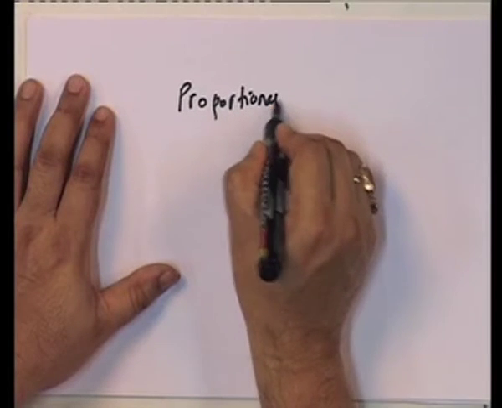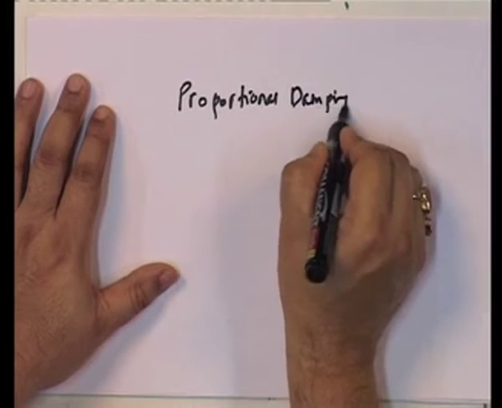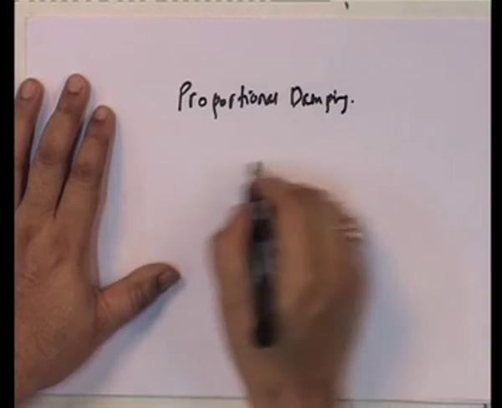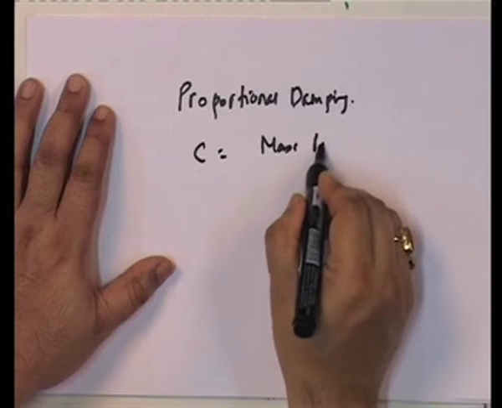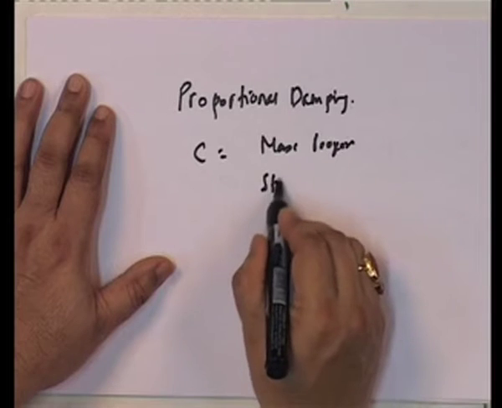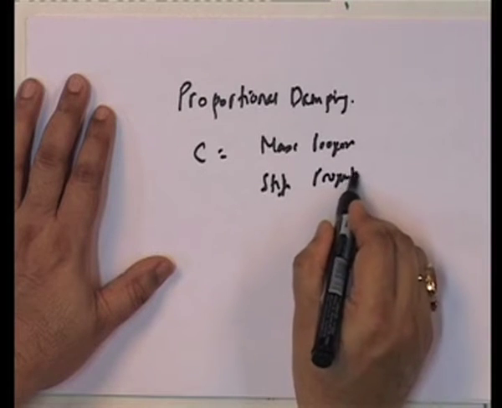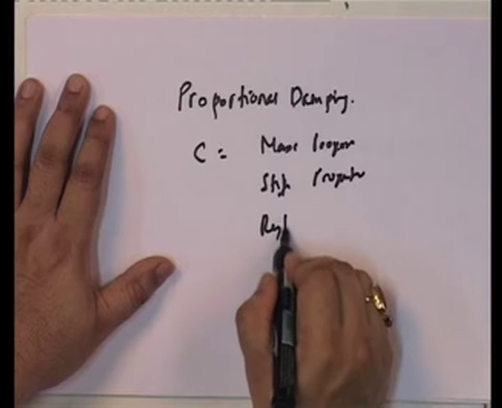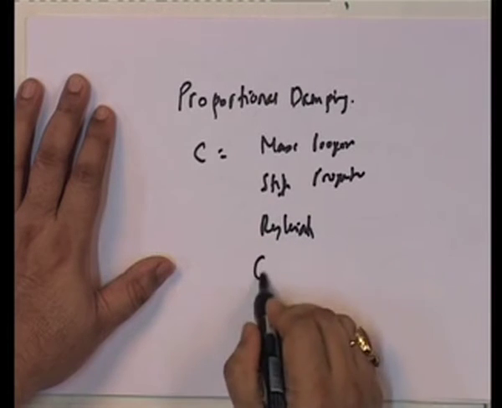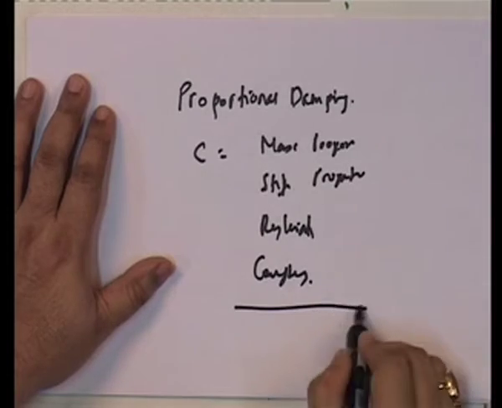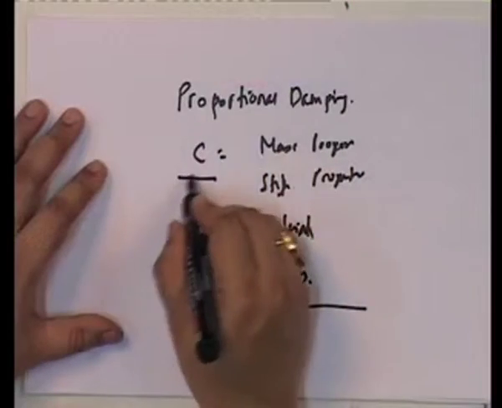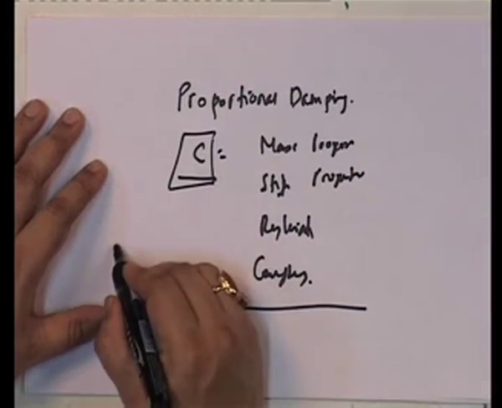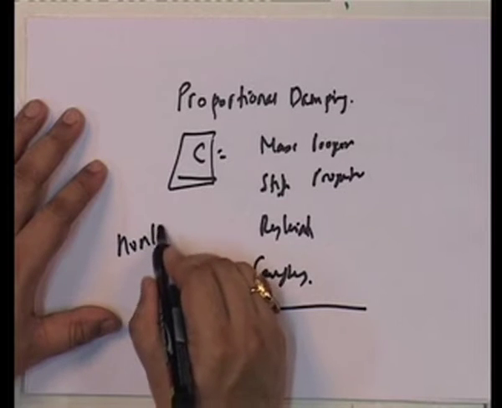So, the question of proportional damping, and the fact that your C is mass proportional, stiffness proportional, Rayleigh or Cauchy, all is relevant only if you have a system where you require C, which is when you go non-linear.